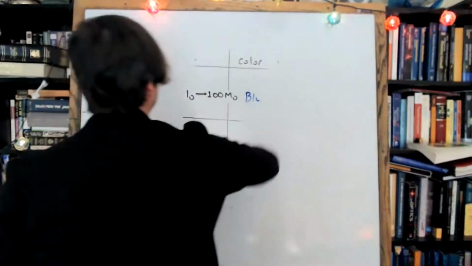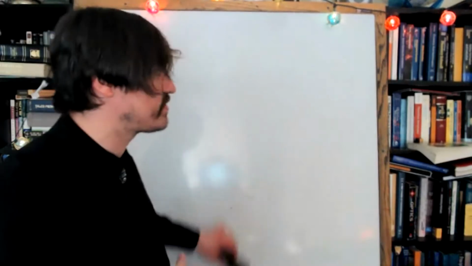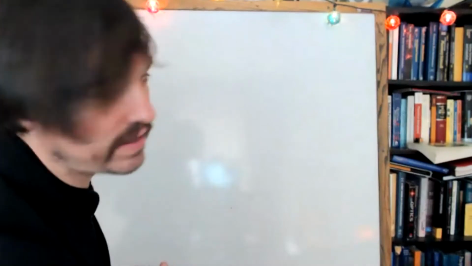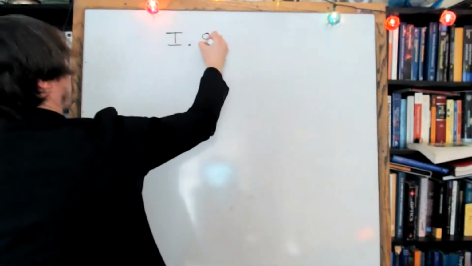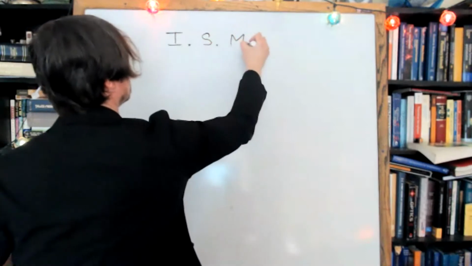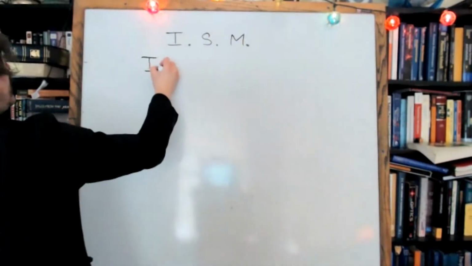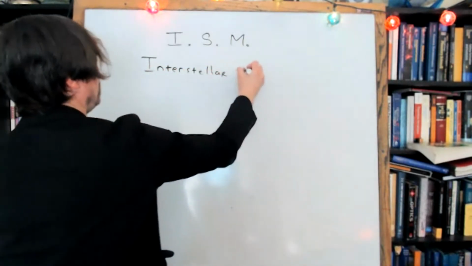Now I'm going to tell you about the gas between the stars. And this is kind of a big topic in astronomy. Sometimes they dedicate books and articles to it. Some people in astronomy just study gas, okay? That's their whole lives. And it goes by the acronym of the ISM. That's how astronomers refer to it. ISM stands for the interstellar medium.